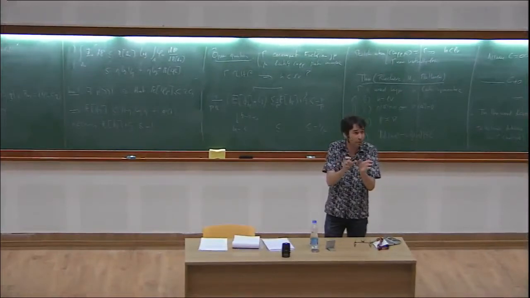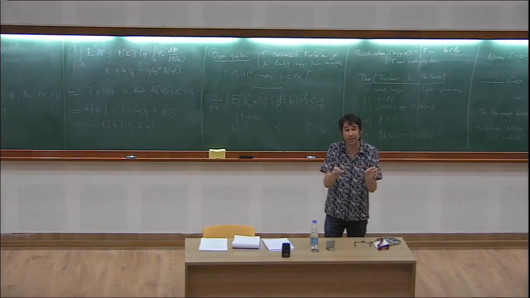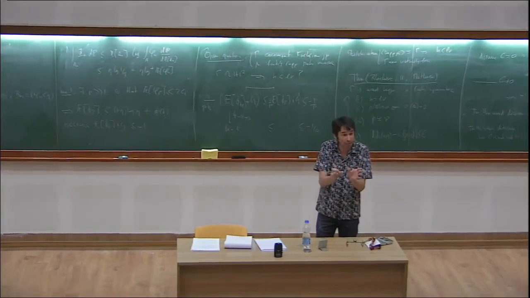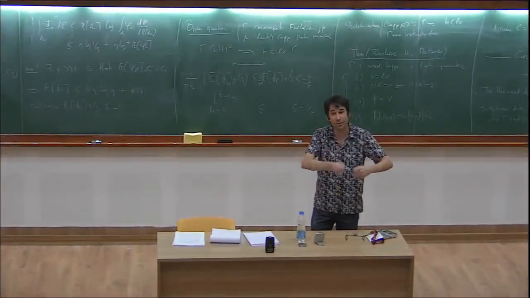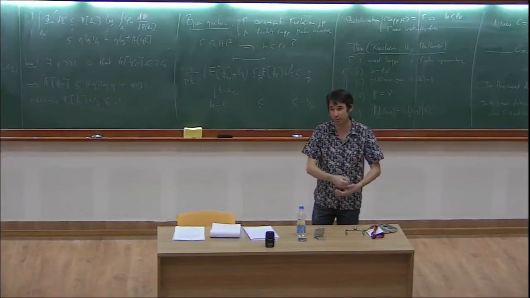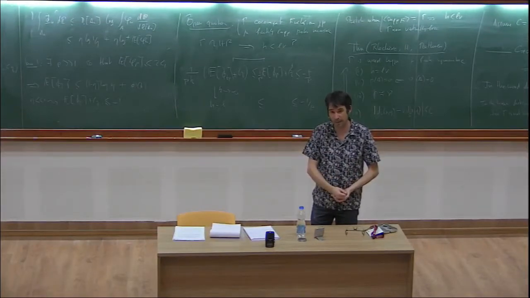So the idea is you need to put weights. You take your interval, you cut it in several pieces, and you put weights in such a way that at each scale they are more or less the same. But when you go down below, you diverge, but at the same time you control the Hausdorff dimension of the thing. Okay?